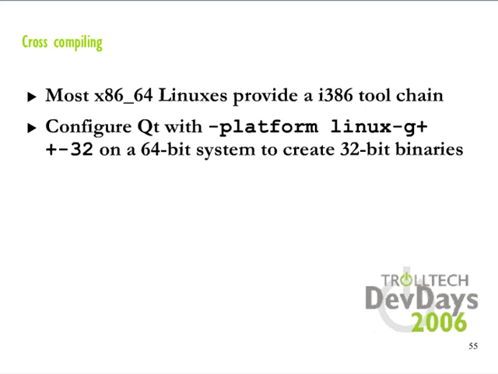So you have this one deployment machine somewhere in your corner, and you have two Qt versions on there. One you configure with -platform linux-g++-32 to force it to actually create a 32-bit installation of Qt, and another one which you just compile normally, so you get a 64-bit Qt. So on one machine you can create two sets of binaries, one for AMD64 and one for 32-bit.